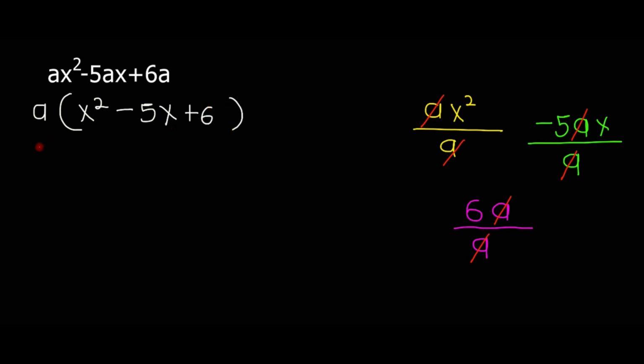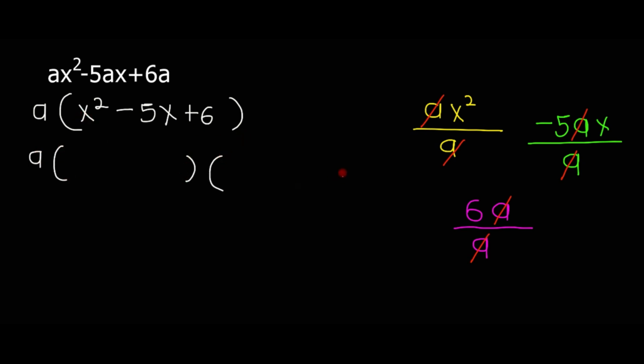And then now we can see that we have a trinomial which is written in the form of x squared plus bx plus c, and the leading coefficient is 1. This means we'll use the same procedure that we were using. We'll have a, and then we factorize this one.